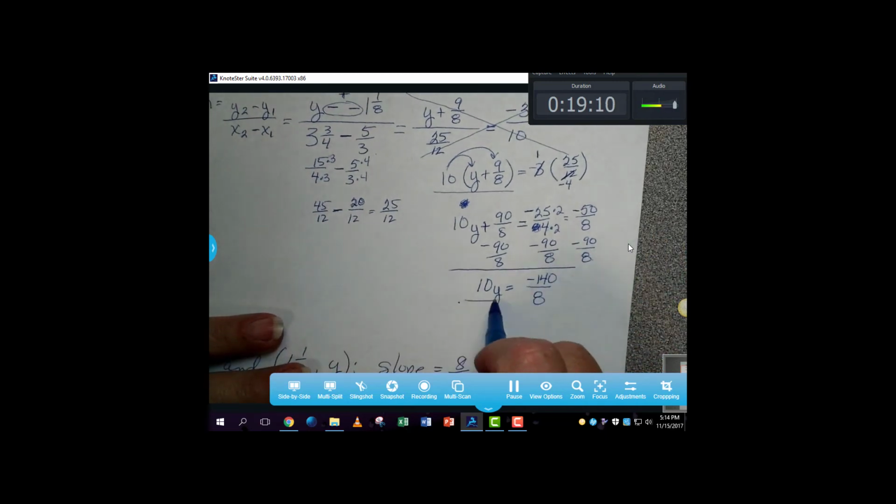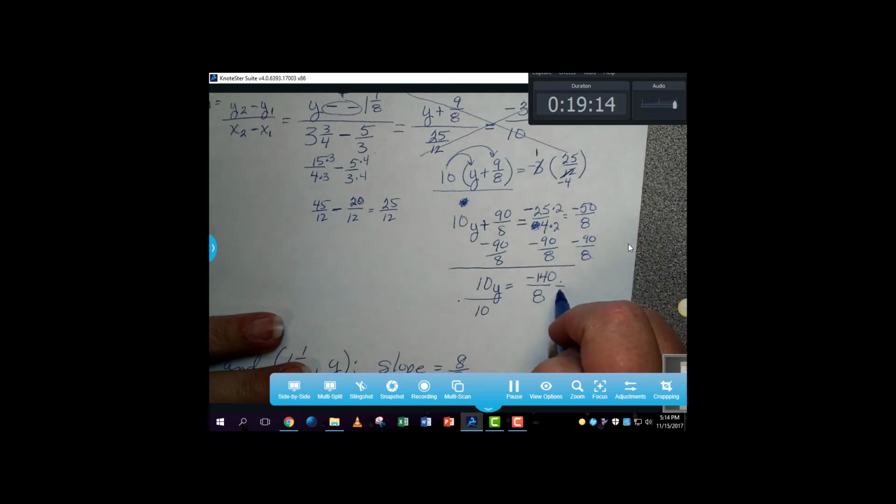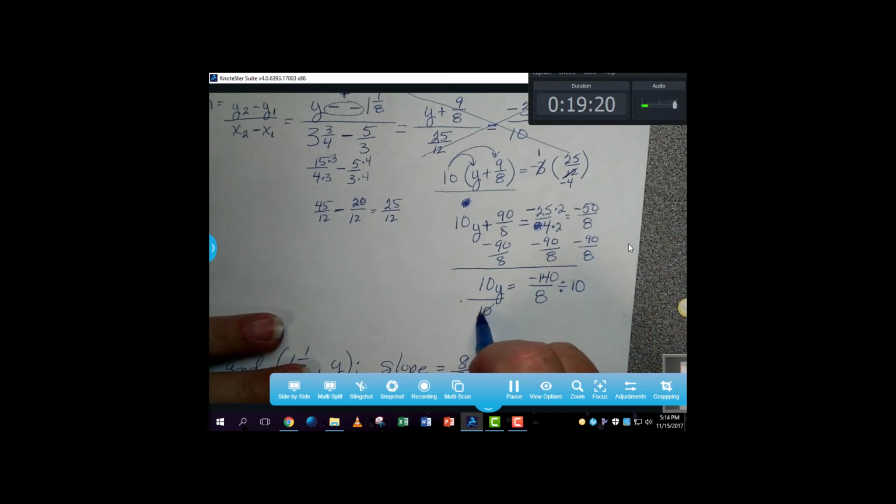Now I'm going to divide both sides by 10. So over here I'm going to get y equals, over here I'm going to have negative 140 divided by 8 times the reciprocal of 10, which is 10 over 1. The reciprocal of that is 1/10.